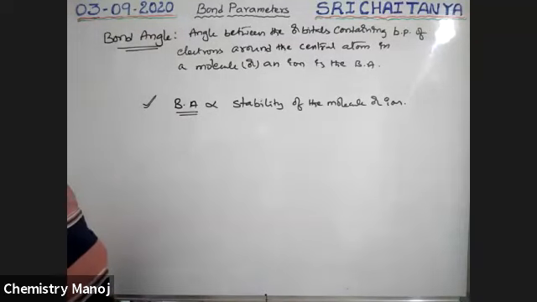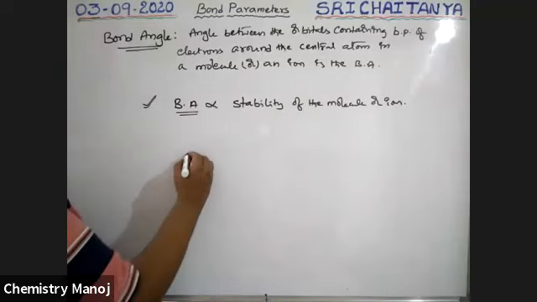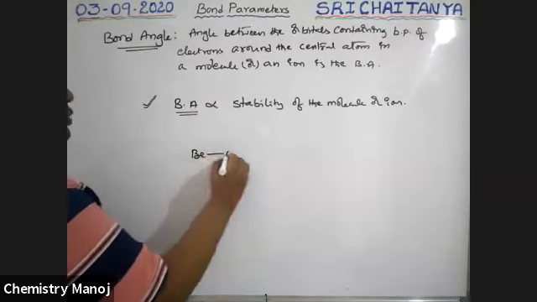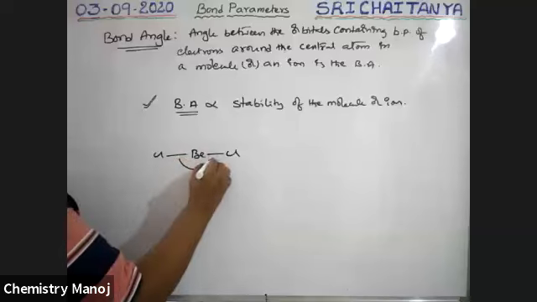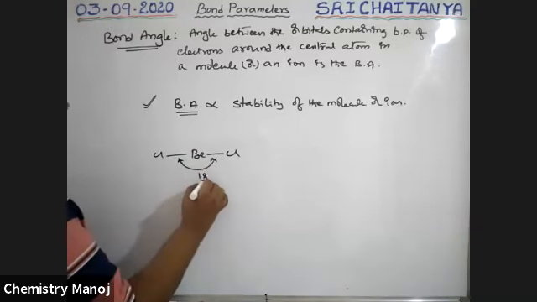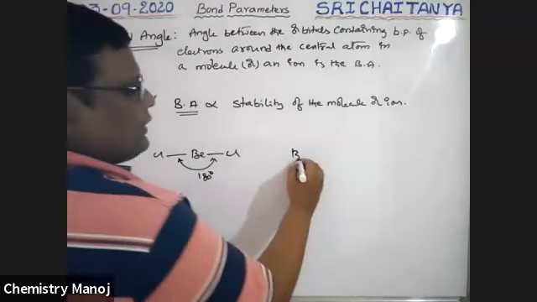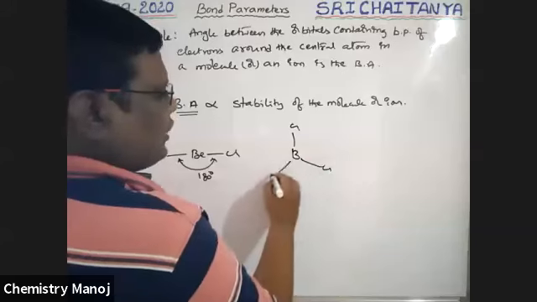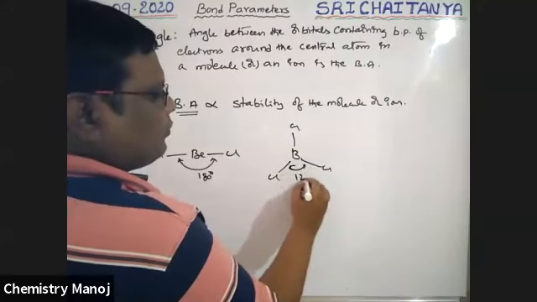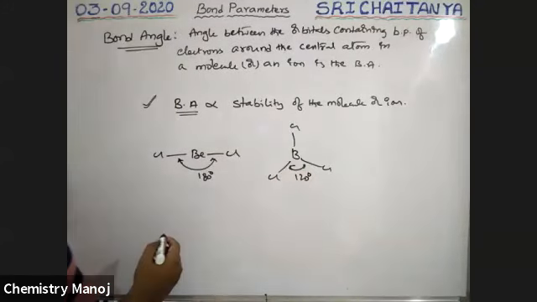See here, BeCl2 has a 180 degrees bond angle. Next, BCl3 has a 120 degrees bond angle.